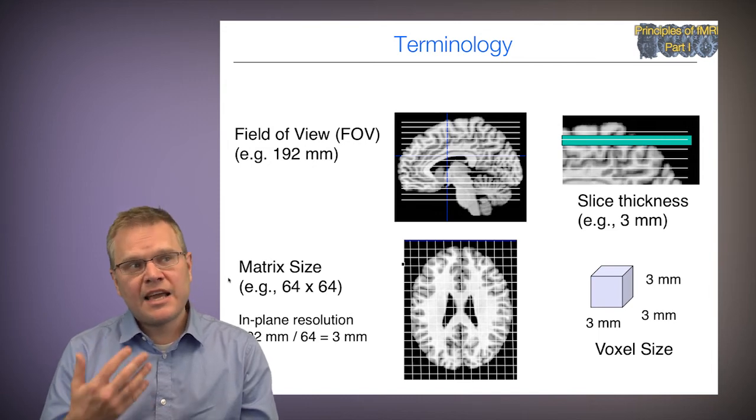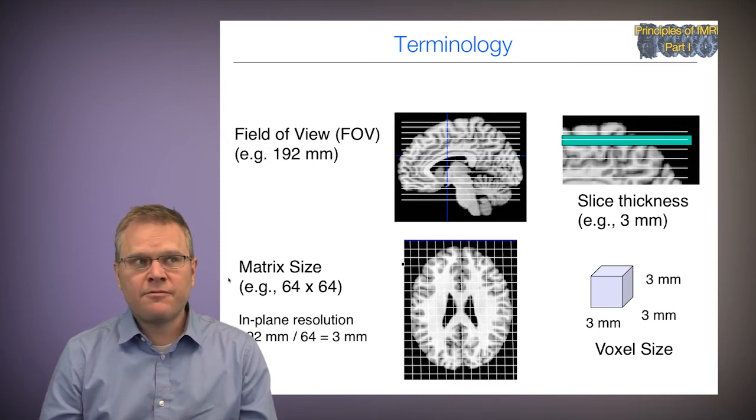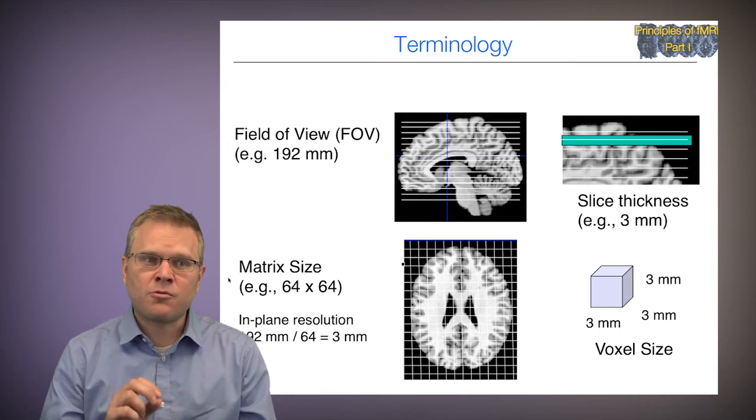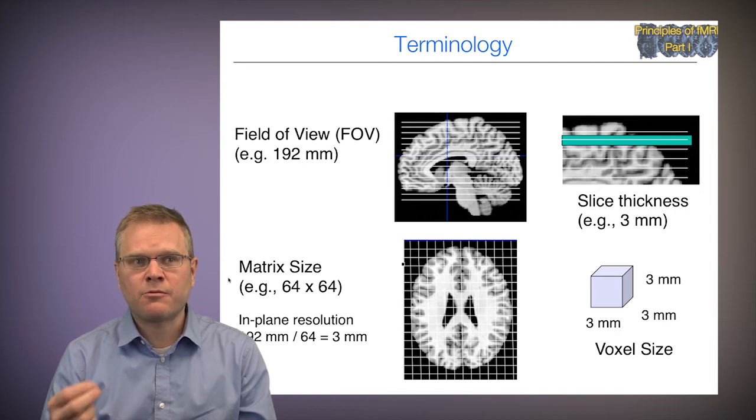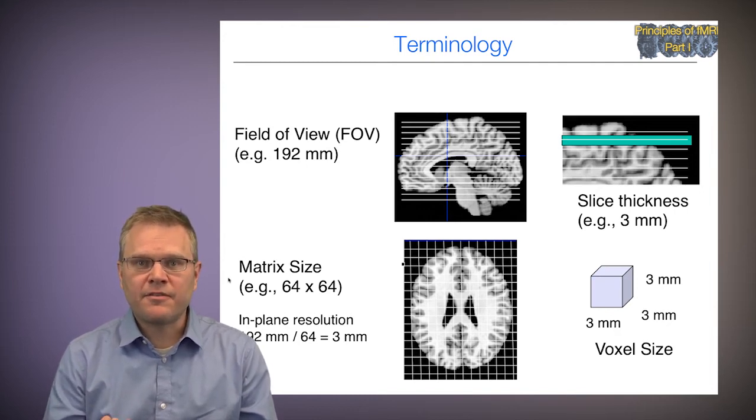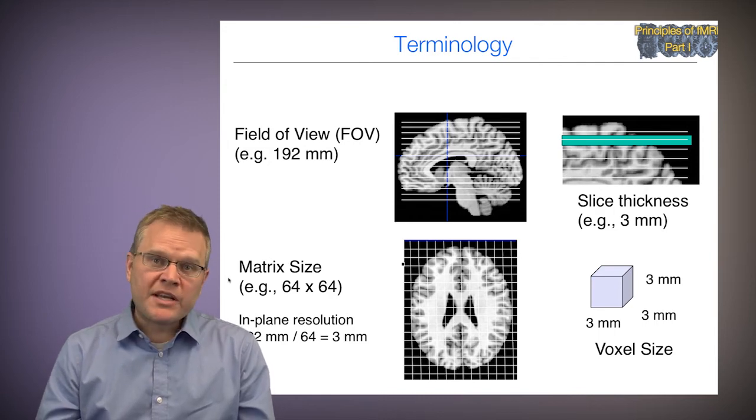So if we have a matrix size of 64, a field of view of 192, and a slice thickness of 3 millimeters, our eventual voxel size will be 3 by 3 by 3 millimeters. That's going to be the size of the unit of measurement that we're interested in in fMRI.